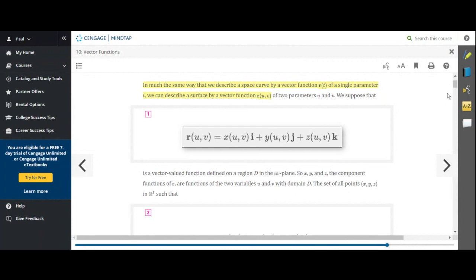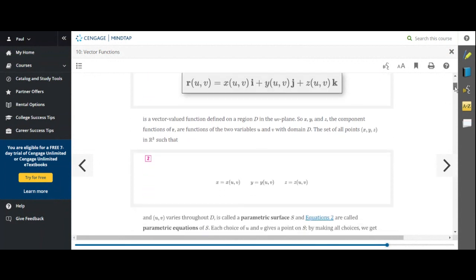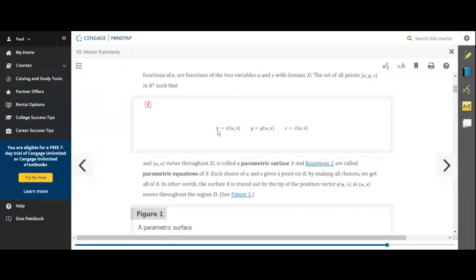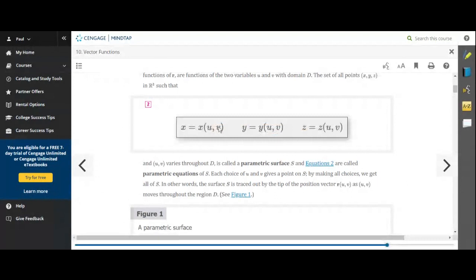And the book actually has, I think, a very nice example here, a picture. So what you have is parametric equations. The parametric equations are functions of two variables because the vector function is itself a function of two variables.